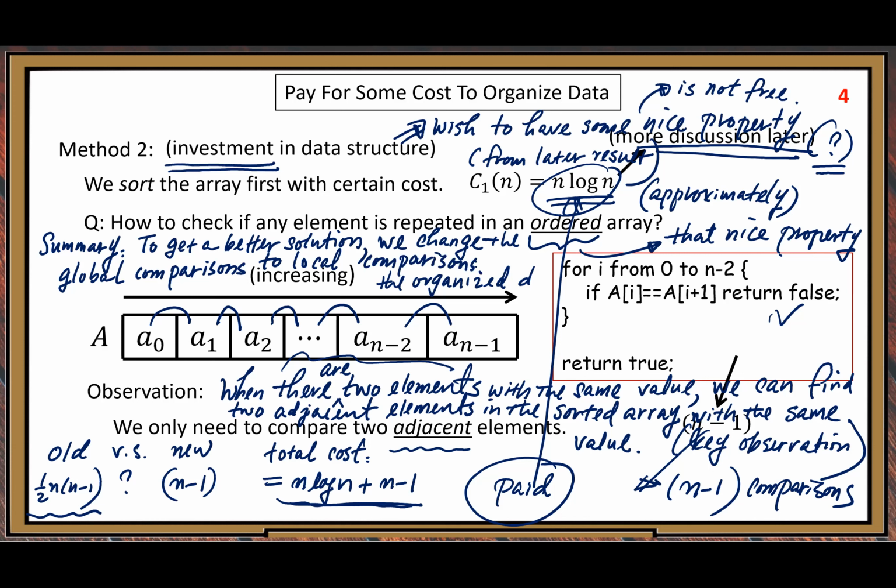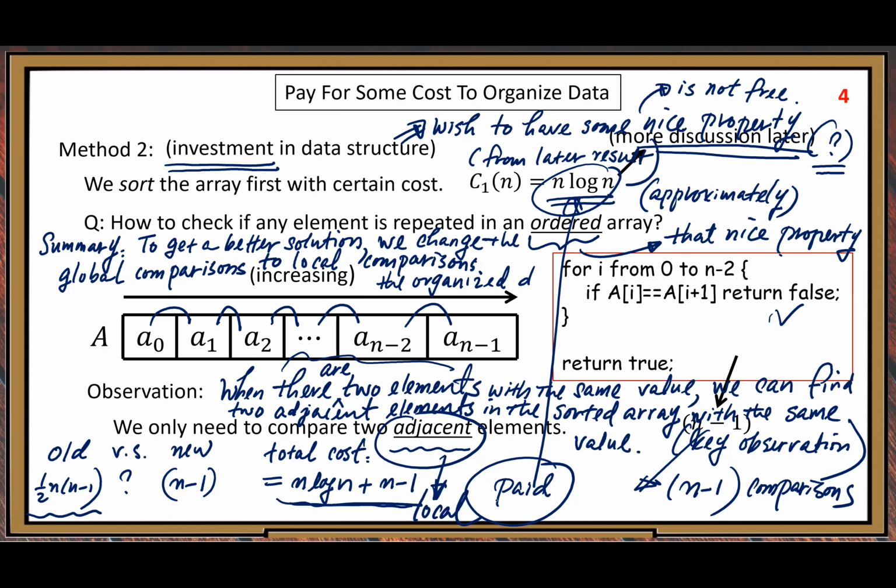In method one, we need to compare any two elements in the array globally, so the locations of those two elements could be anywhere in the array. That's the global type of comparison. But here we only do adjacent comparisons.